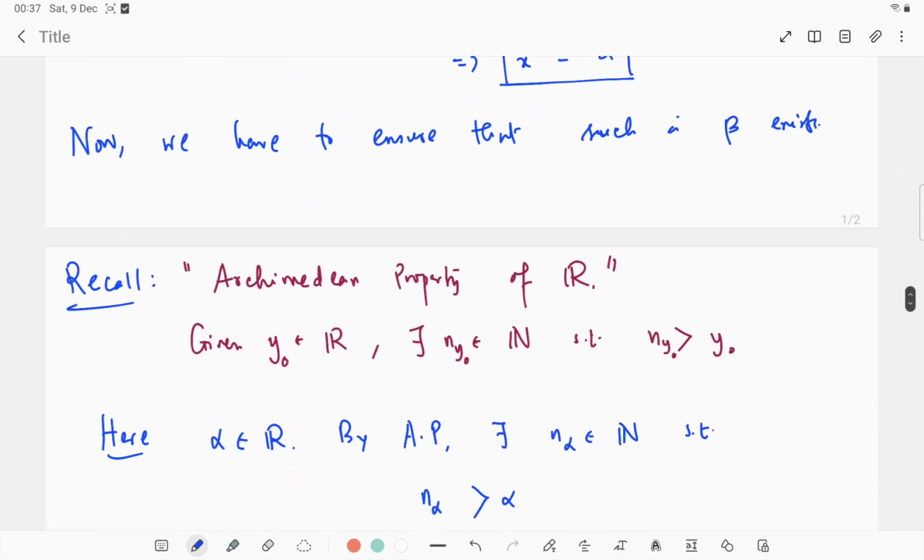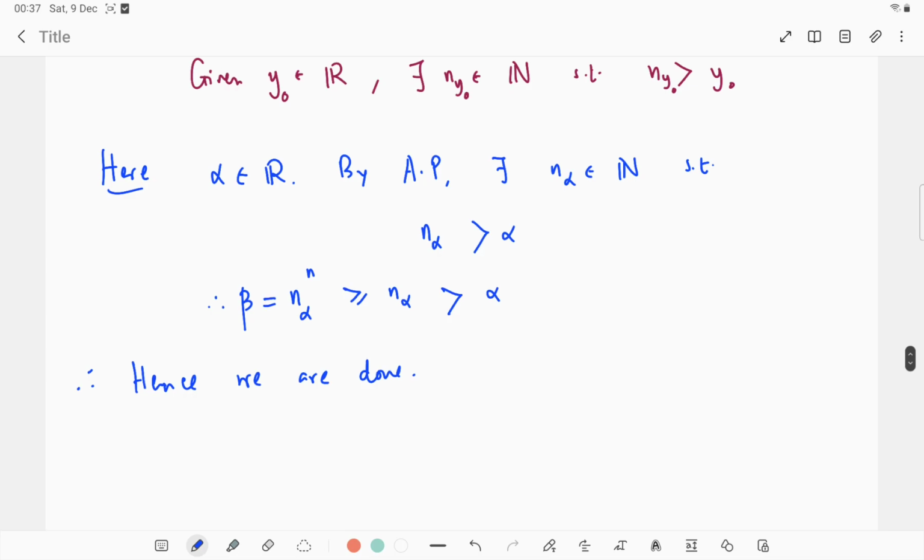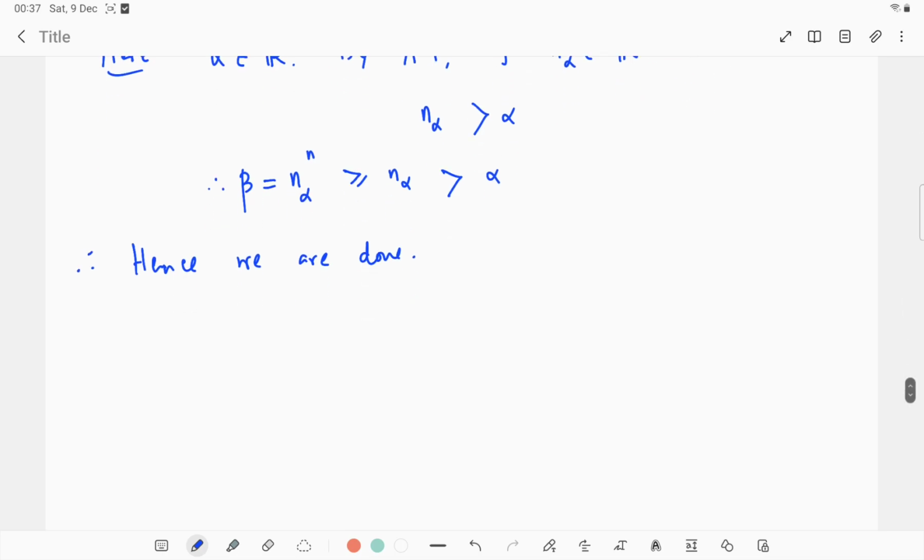Using the Archimedean property of R, we have finally shown that such an element beta exists.